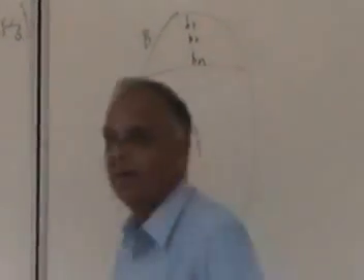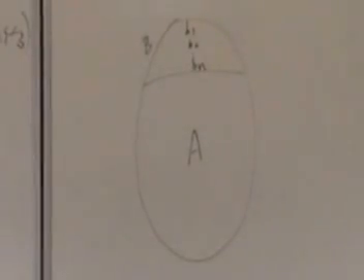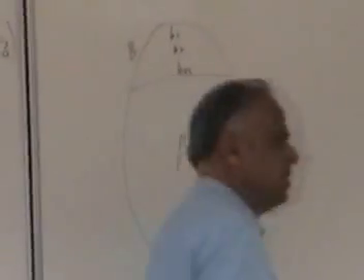Now somehow or the other I have to map it to A in a 1-1 correspondence. What do I know about A?